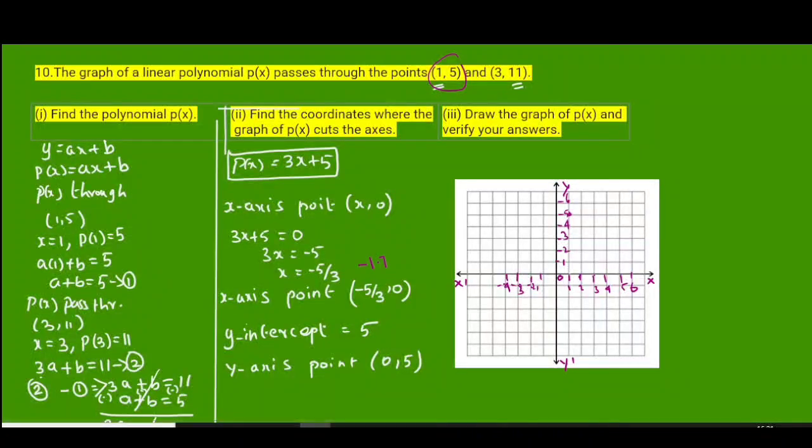Shall we take 1 unit, 1 centimeter equal to 2 units, because we cannot plot 11. So we will change the scale. Whenever we cannot show a point, we can change the scale. So 0, this is 2, 4, 6, 8, 10, then 2, 4, 6, 8, 10, 12.